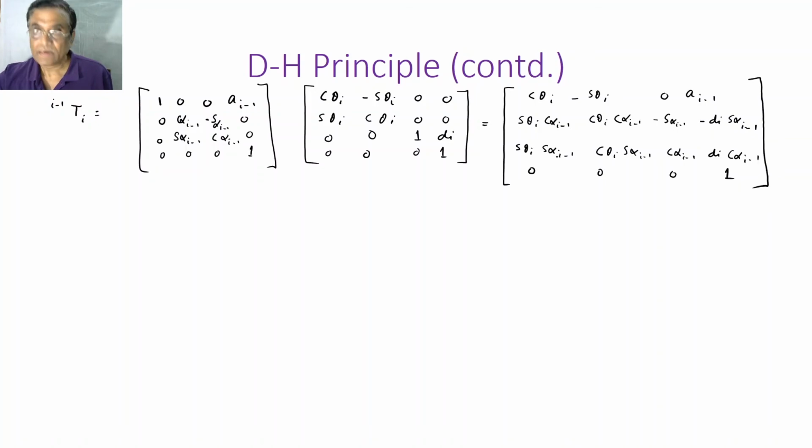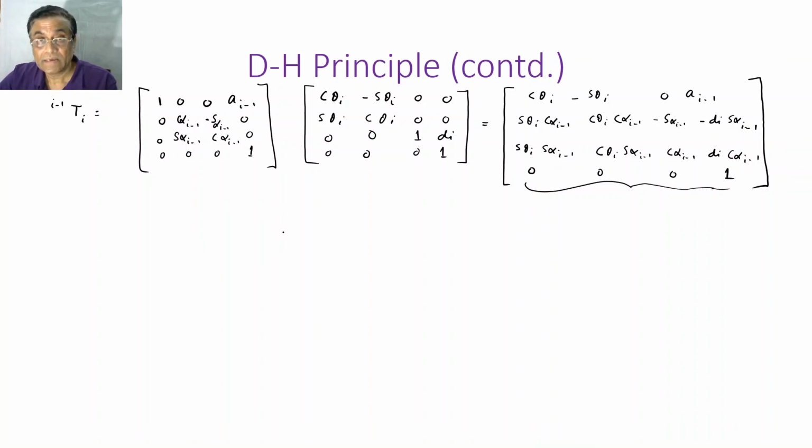Hopefully I'm correct, you can check. These two matrices have to be multiplied, and this is very, very important. This is called the mother matrix. This is the matrix we are looking for, which gives you the complete kinematic relation of the ith coordinate frame with respect to the (i-1)th coordinate frame. And this is a very generalized approach.